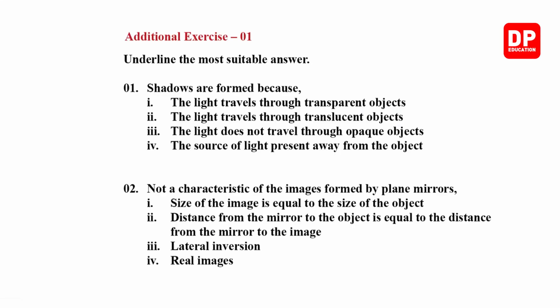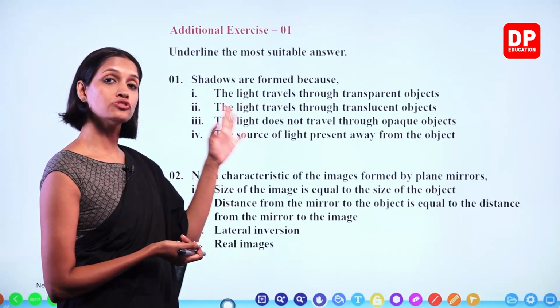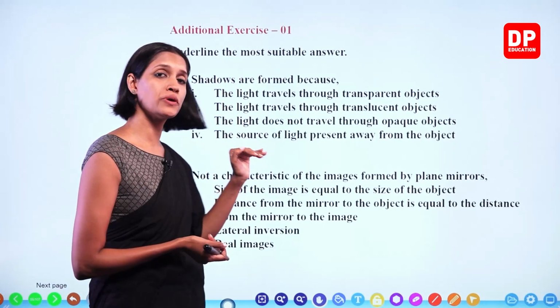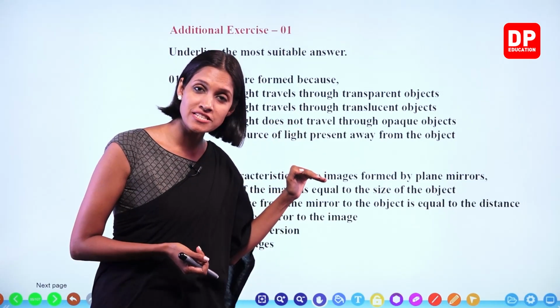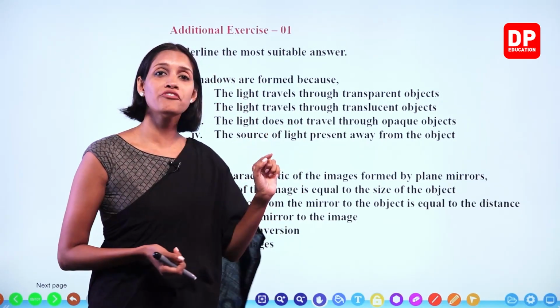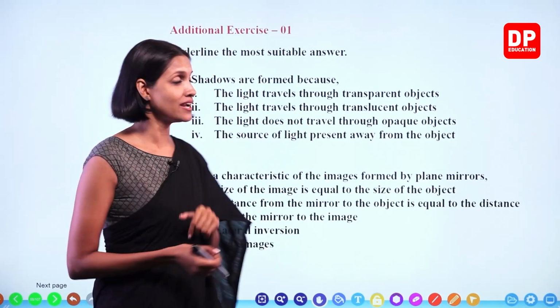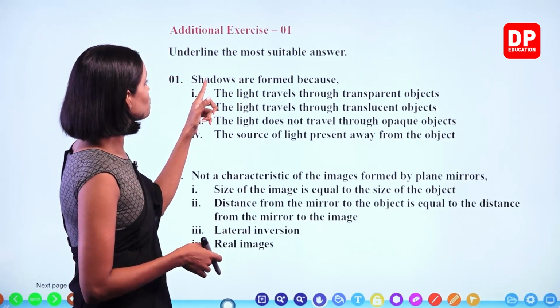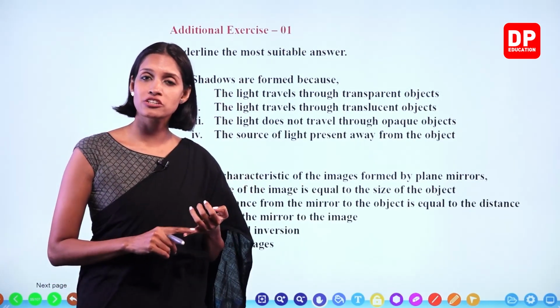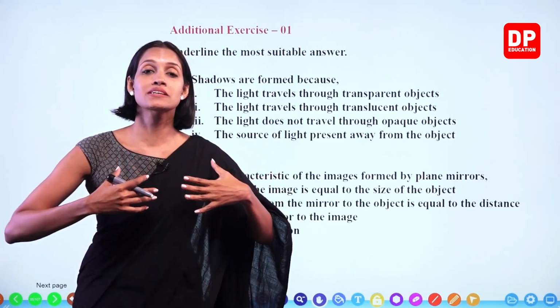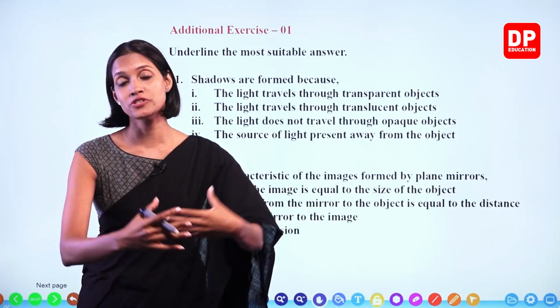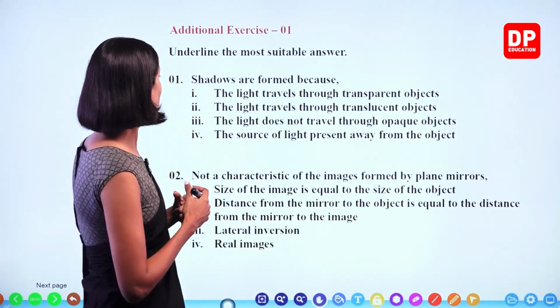Right. Exercise number 1. Underline the most suitable answers. So in these type of questions, 4 answers are given. You have to read all 4 answers very well and you have to find the most suitable answer. Right? Shadows are formed because. What is the reason for the formation of shadows? When light falls on an opaque object, because light does not pass through opaque objects, the shadow is formed, right?